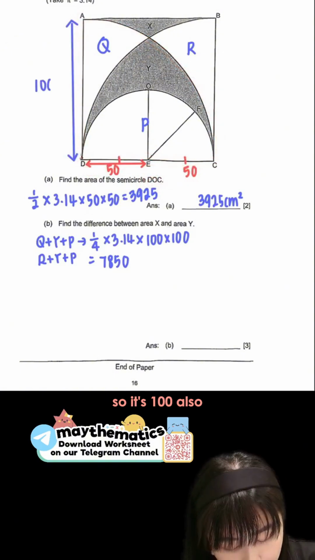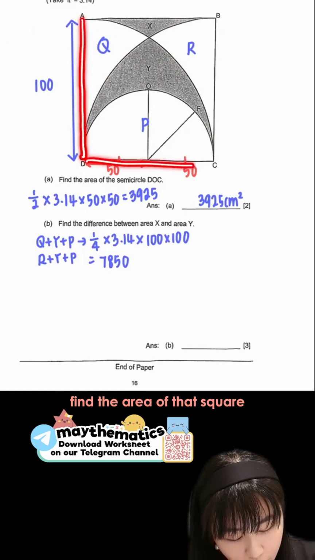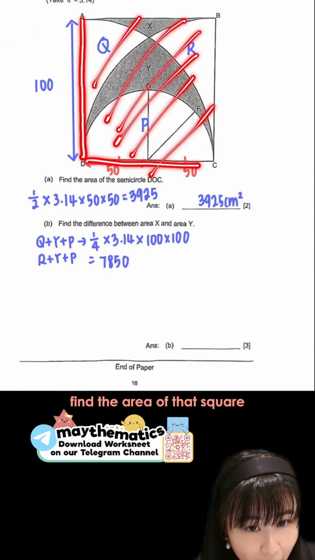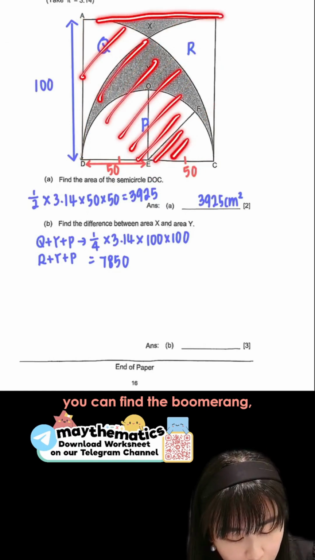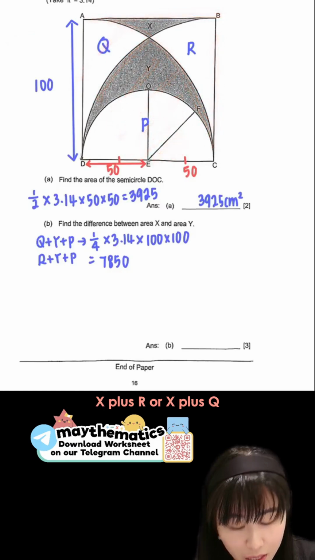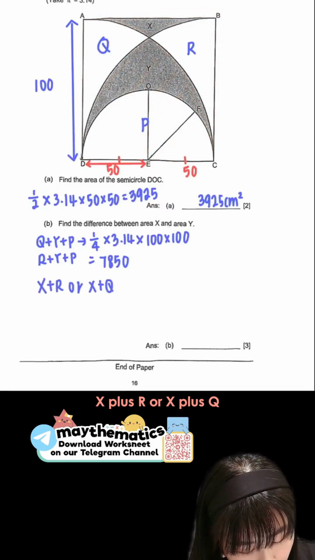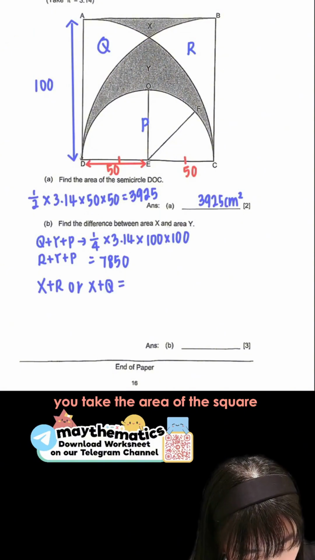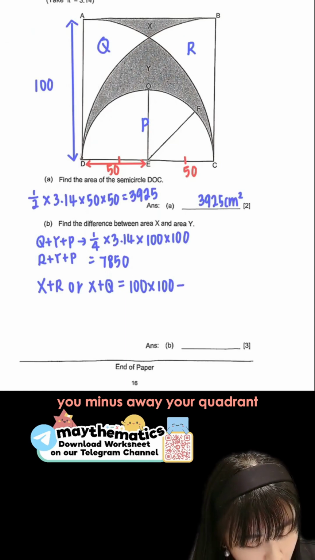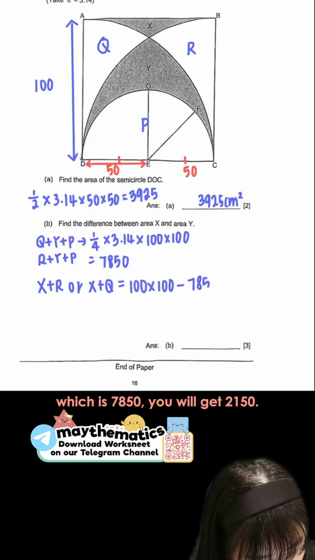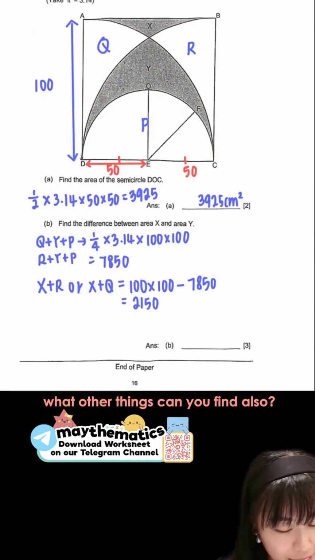So you can take 100 times 100, find the area of that square, then minus the quadrant, and you can find the boomerang. Understand? X plus R or X plus Q: you take the area of the square, 100 times 100, minus away your quadrant, which is 7850. You will get 2150.